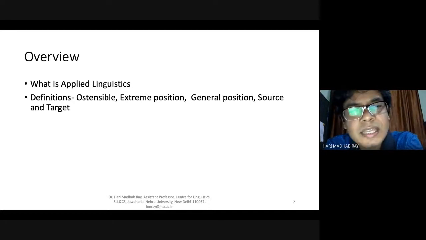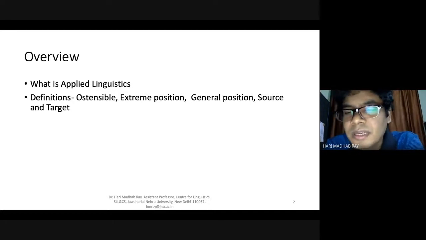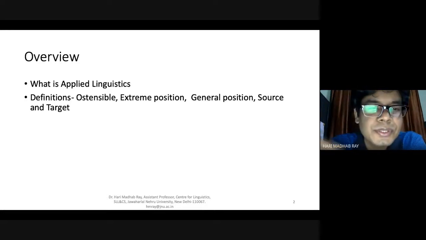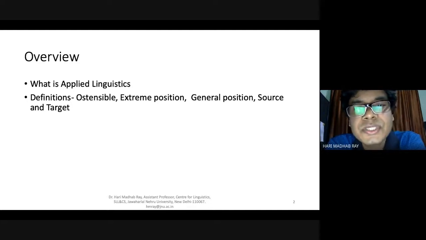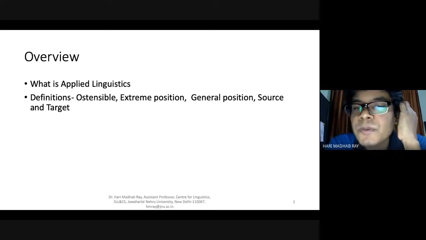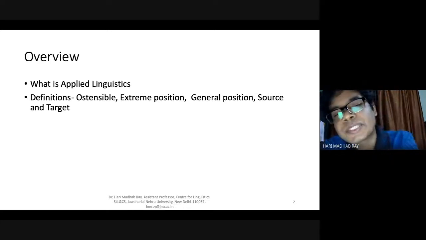And then, as an applied linguist or practitioner of applied linguistics, what kind of position should we take? So we talked about Brumfit's position, that kind of compromise position, and also tried to give you a working definition of applied linguistics in the last class.